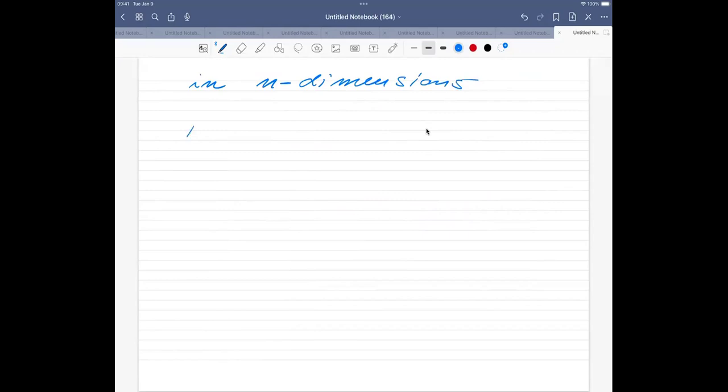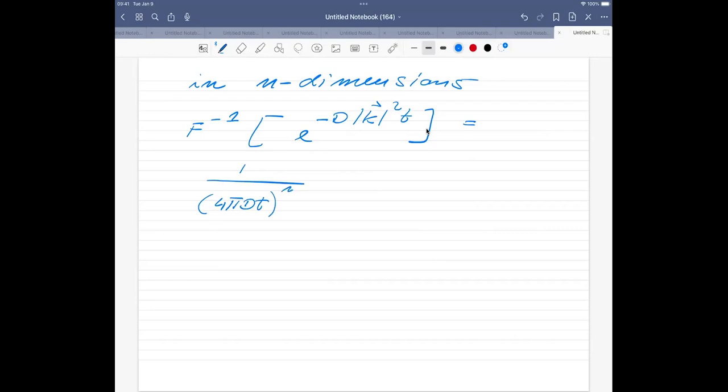In that case, the Fourier transform of this quantity, e to the minus D, now with the absolute value of k squared times t, is the same as 1 over a normalization constant which reflects the fact that I am in n dimensions, times the exponential of minus x squared divided by 4Dt.